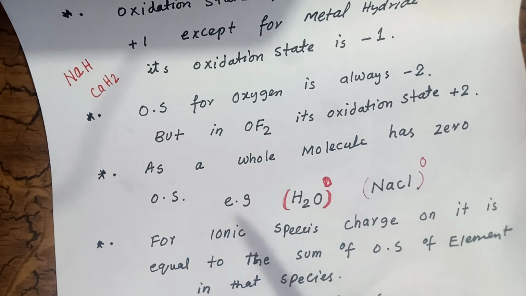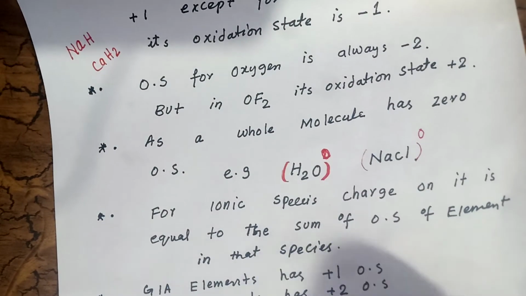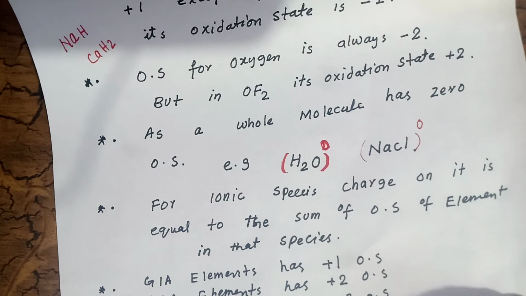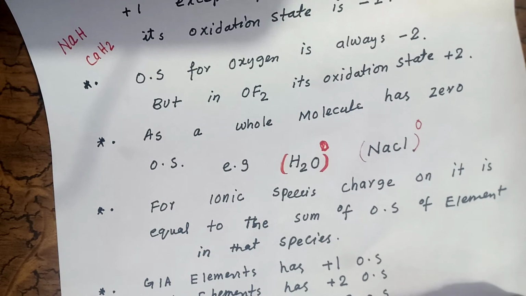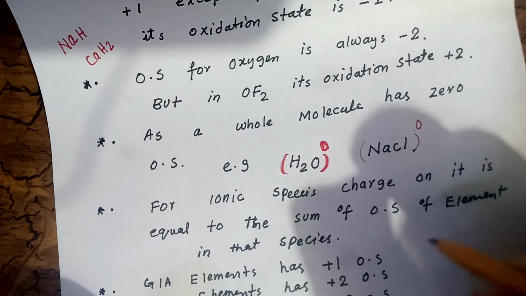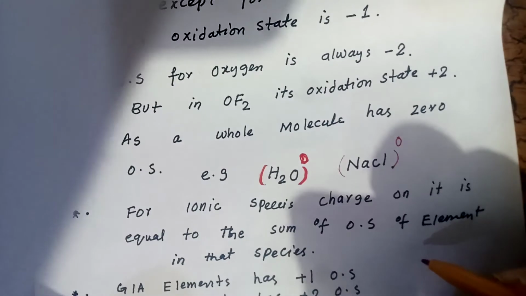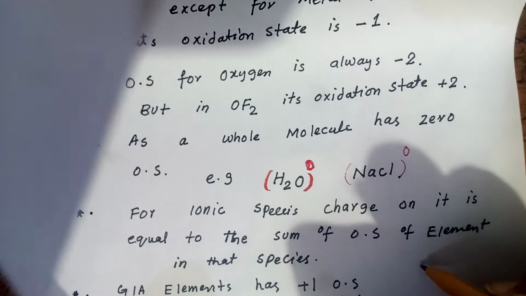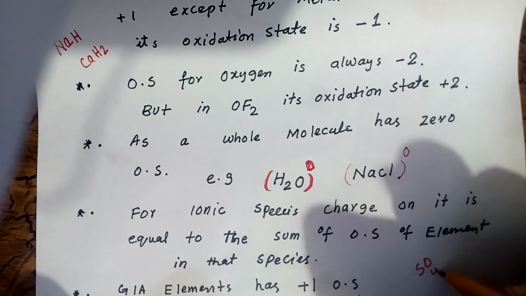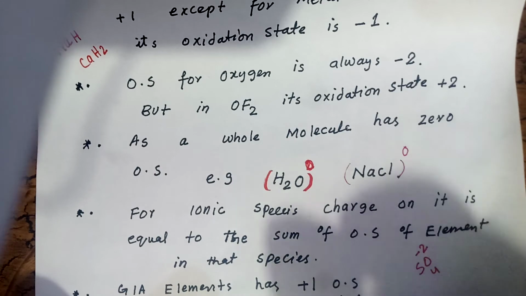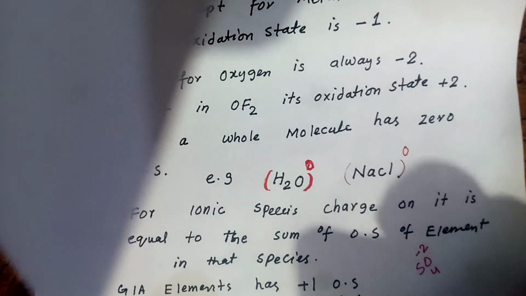Okay, another rule is for an ionic species. If we have an ionic species, the charge on that ionic species will be equal to the sum of the oxidation states of the atoms or elements in that species. For example, we have the sulfate ion, SO4 2-.